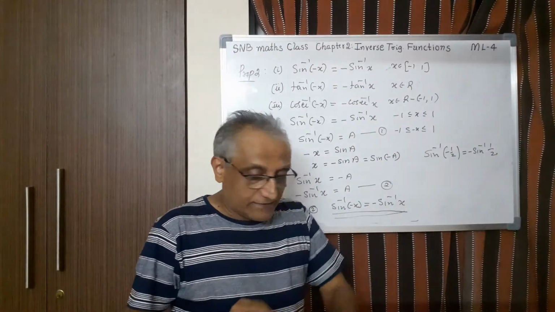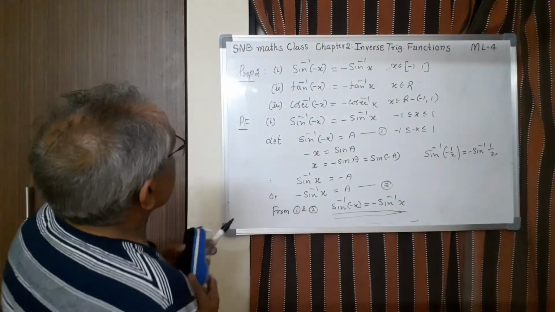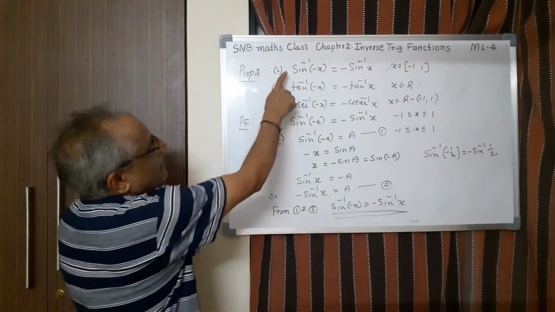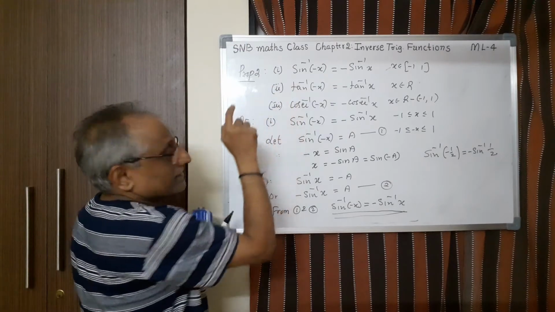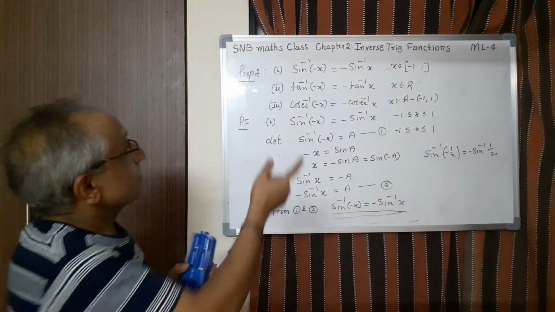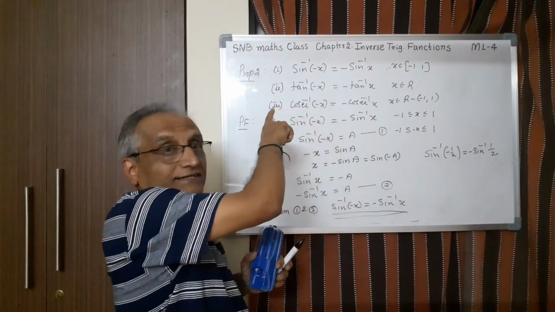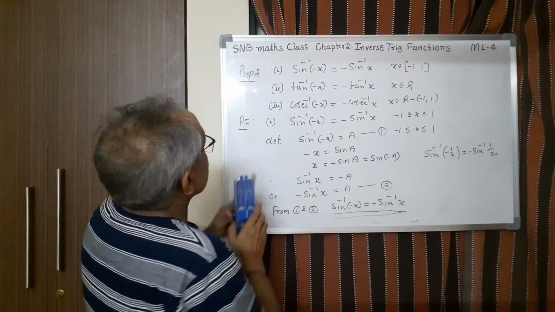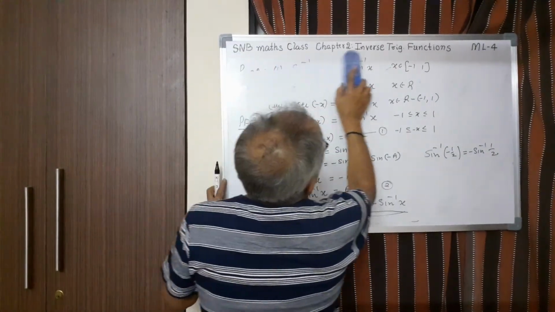Now let us go further. Third property, I told you we have taken sine inverse, tan inverse and cosecant inverse. Definitely there must be 3 properties related to cos inverse minus x, then secant inverse minus x and cot inverse minus x. So that comes under the third property.